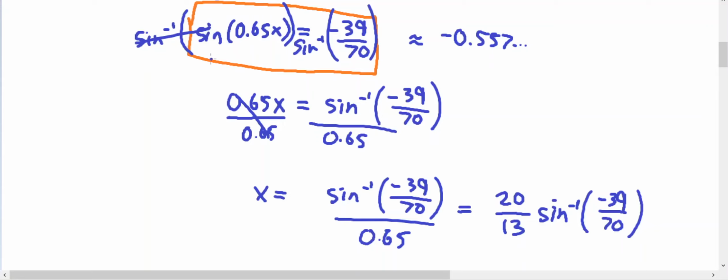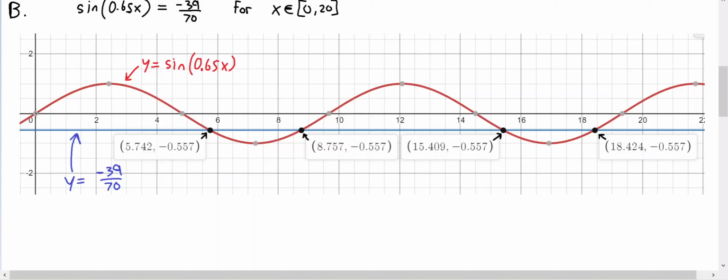Let's take a look at the graphing calculator. Okay, so I've plotted both of these functions, sine of 0.65x and y equals negative 39 over 70. The reason is that we're going to use that checkpoint equation to figure out where they intersect. None of these have particularly nice values, so we're just going to report numerically.